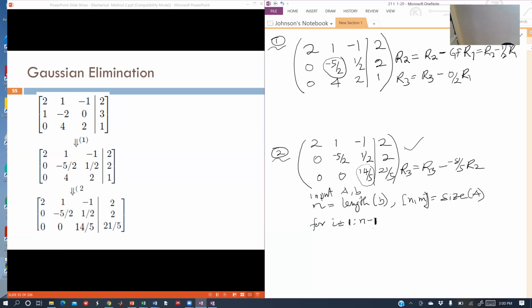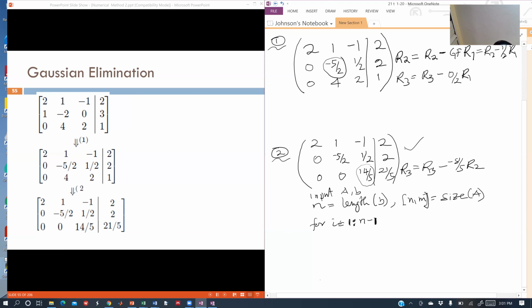When we had three linearly independent rows, we used 2 iterations. So when we have 4 unknowns, we are going to do, sorry, 3 iterations. So it is going to be 1 less than the number of equations or the number of rows.